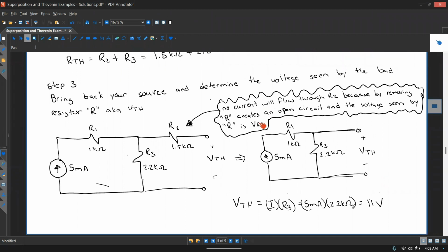Now let's say, for example, that there was a resistor right here. Let's call that R4. Well, your V Thevenin will be the voltage that's across R4.